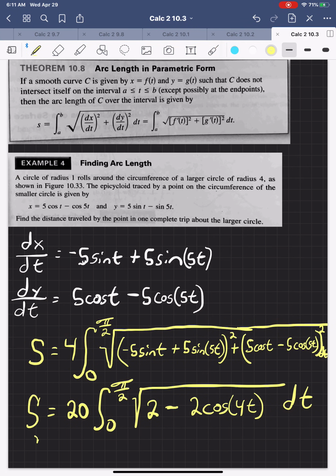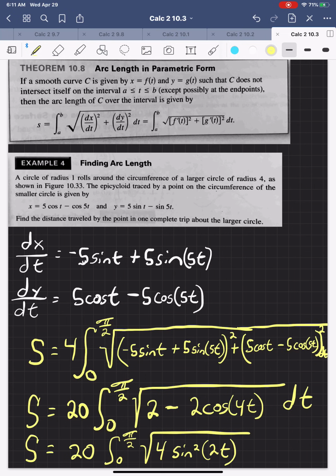So all in all, we end up with S is equal to 20 times the integral from 0 to pi over 2. And man, we did a whole lot of work to get to here. 4 sine squared of 2t, which we actually can finally integrate.